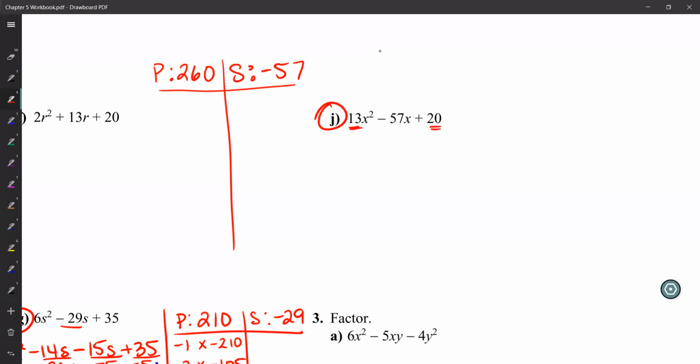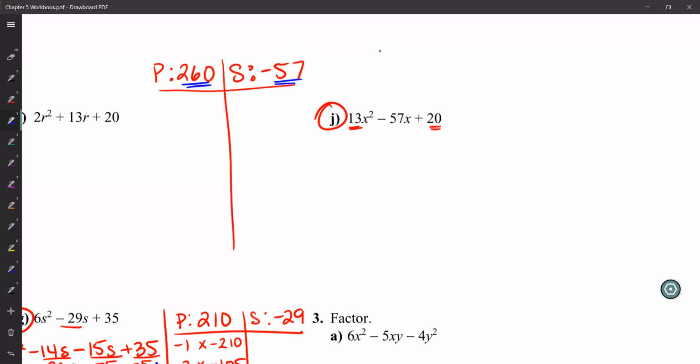Okay, so I know it's not really going to be any of these sort of like really low numbers, like 1 and 260 is not going to work. 2 and 130, of course, that's not going to work. You can write them anyways. I still know, again, with this one, because this is positive and this is negative, it must be a combination of the product of two negative numbers to add up to a negative number here.